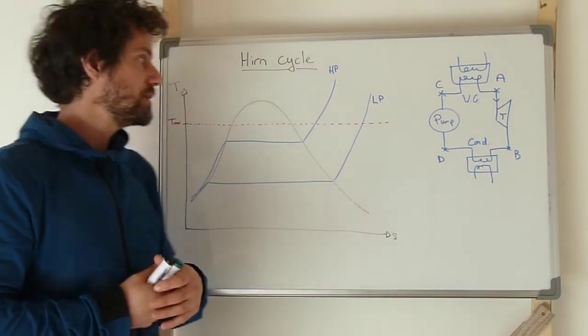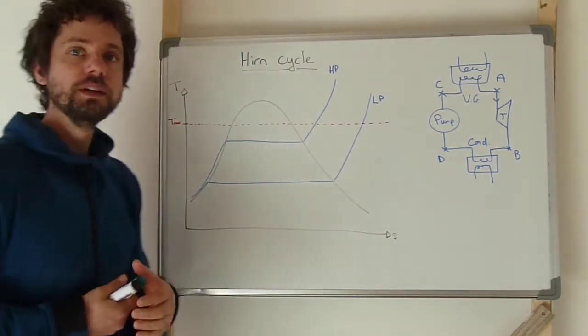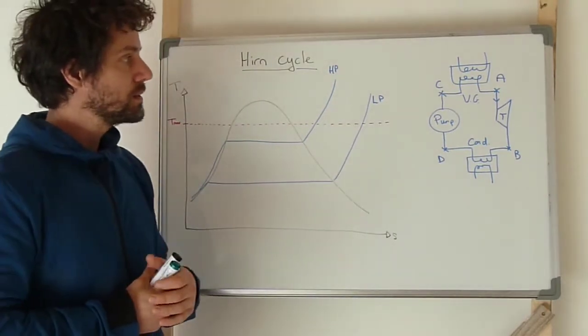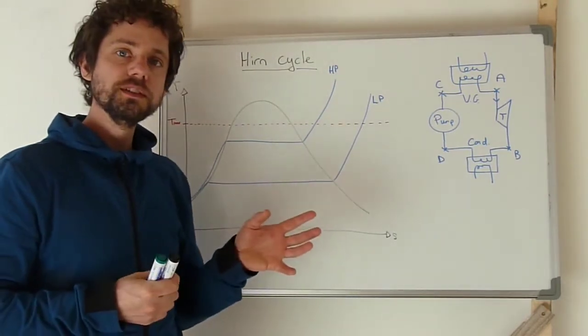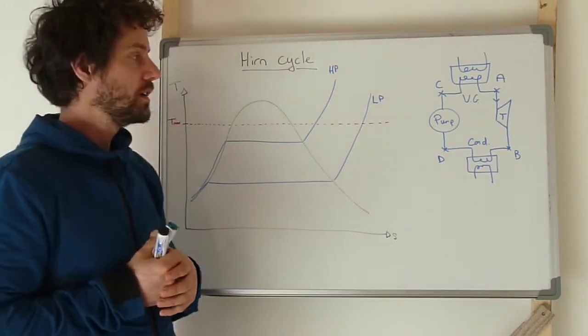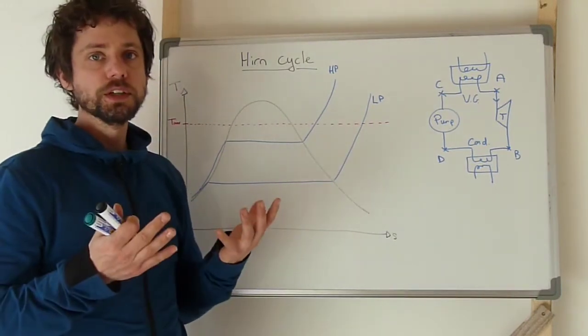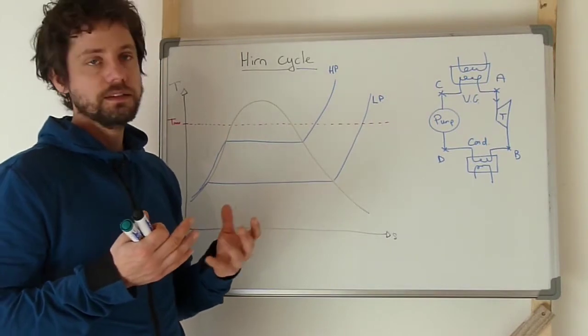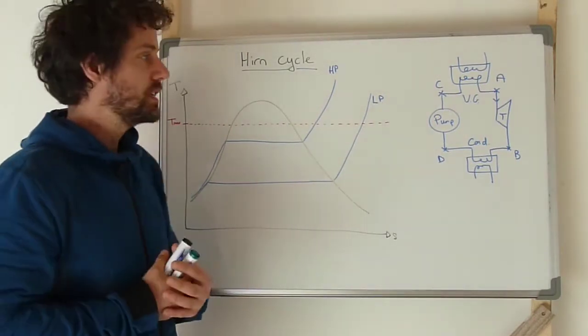In that case, the maximum temperature would be usually around 550 degrees Celsius or even 600 degrees Celsius. That's the maximum temperature that the turbine can admit without damage.